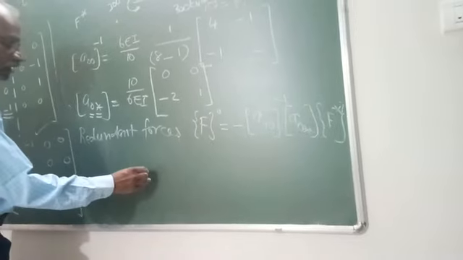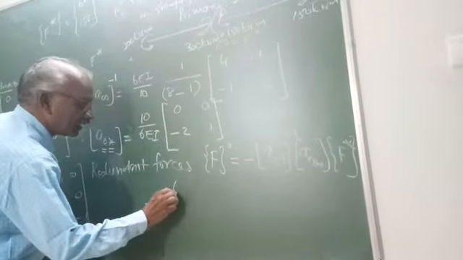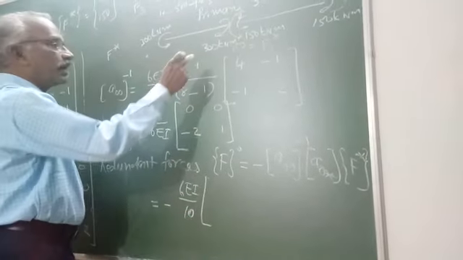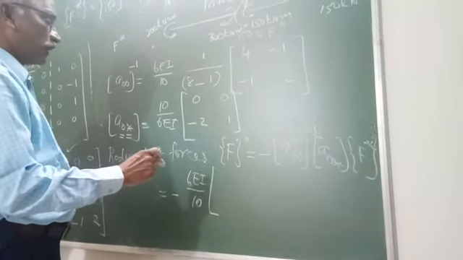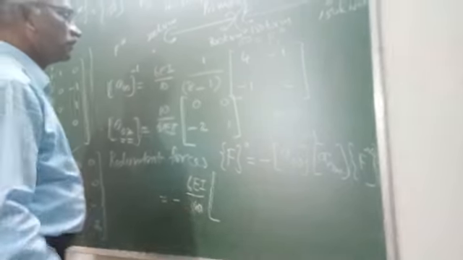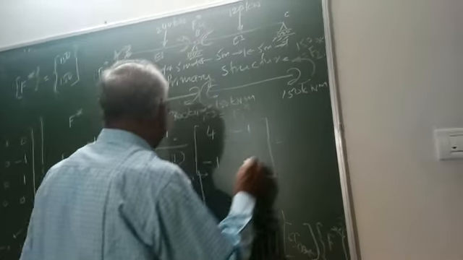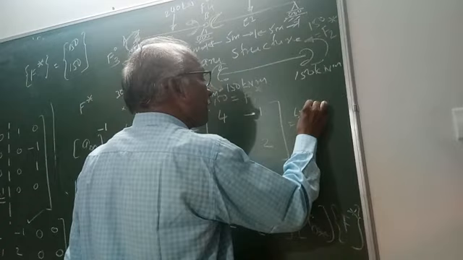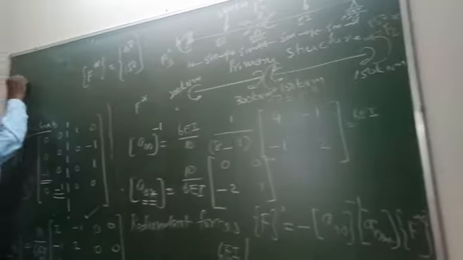Now, minus A naught naught inverse is minus 6EI by 10. A naught naught inverse is actually 6EI by 10. I'll write it here for want of space.